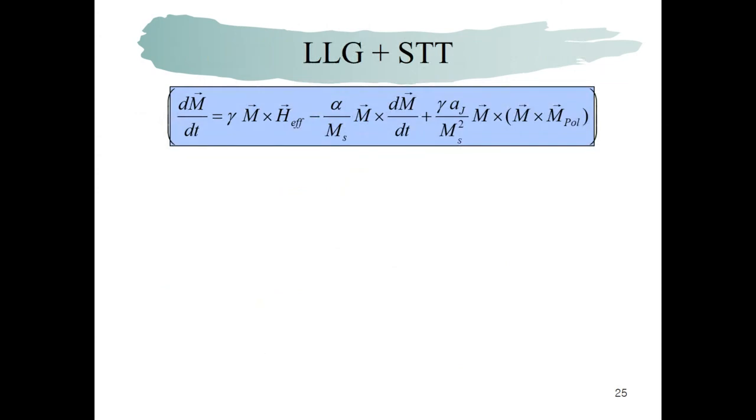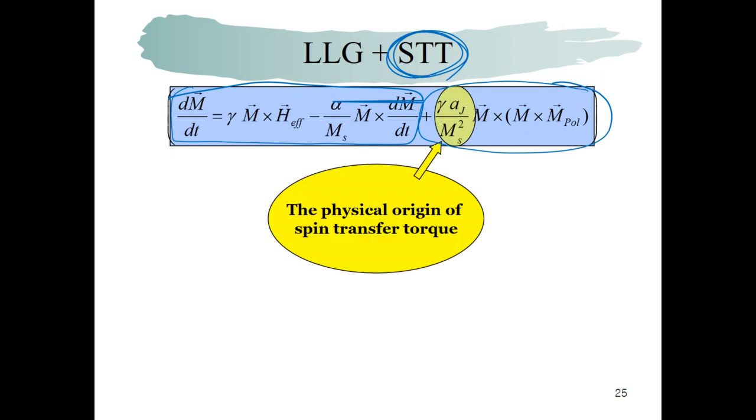Okay. So in order to understand the spin transfer torque, I said you need to understand the LLG equation. But in spin transfer torque, we have an additional term. I'm going to explain why we have such an additional term, which means the physical origin of the spin transfer torque.